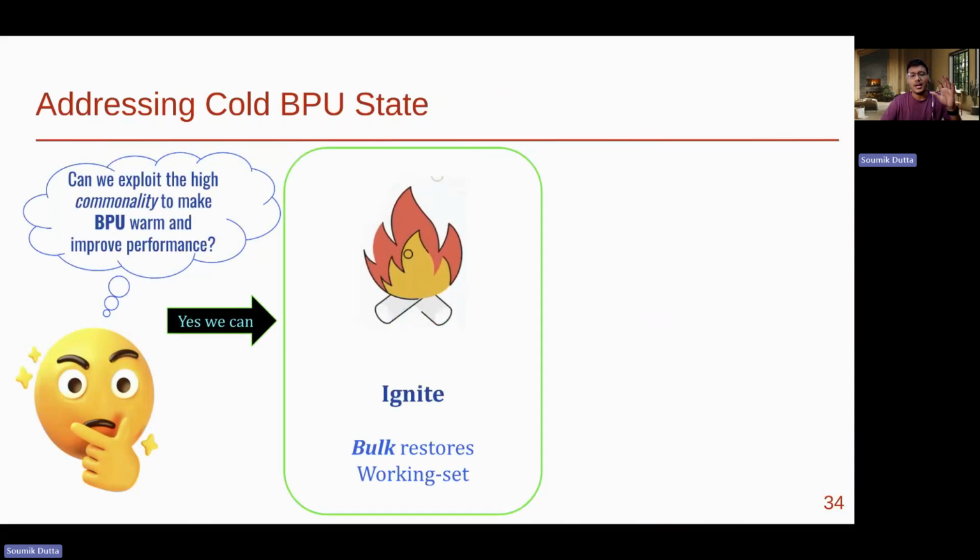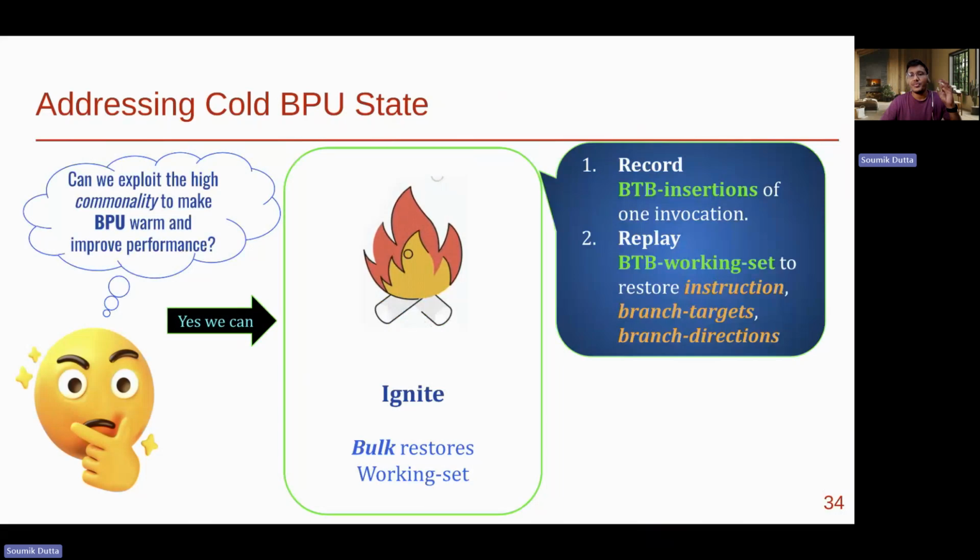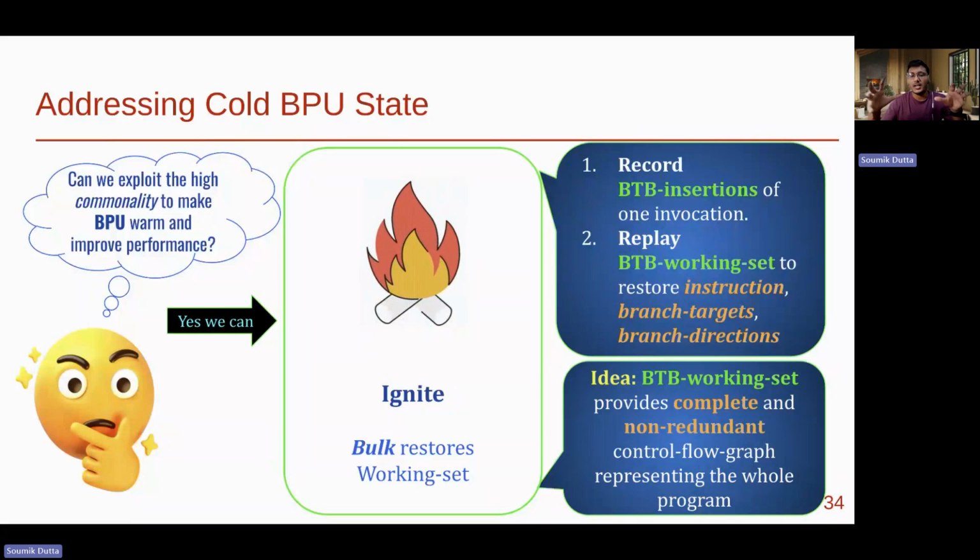It bulk restores the working set. It records the BTB insertions of one invocation and replays the BTB working set on reinvocation of the function, to restore instructions, branch targets, and branch directions. The insight behind this is that the BTB working set, the branch target buffer working set, provides a complete and non-redundant control flow graph representing the whole program.